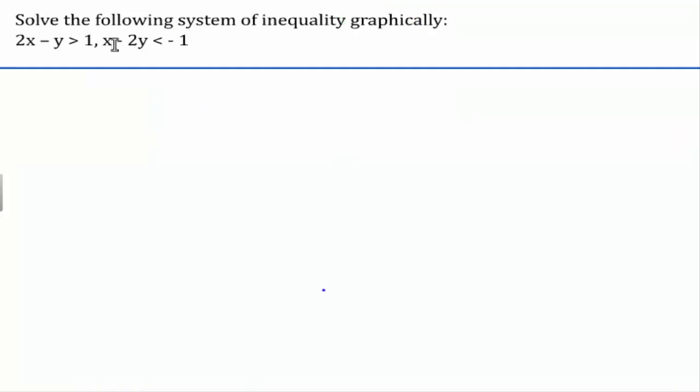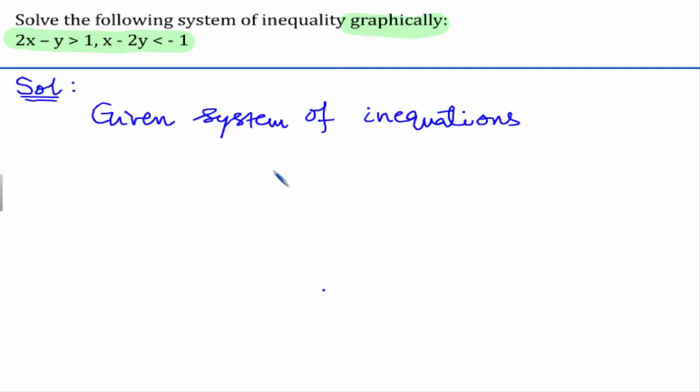In this problem, we have to solve the following system of inequalities using the graph. Let us see the solution for this. The given system of inequations is 2x minus y greater than 1 and x minus 2y less than minus 1.